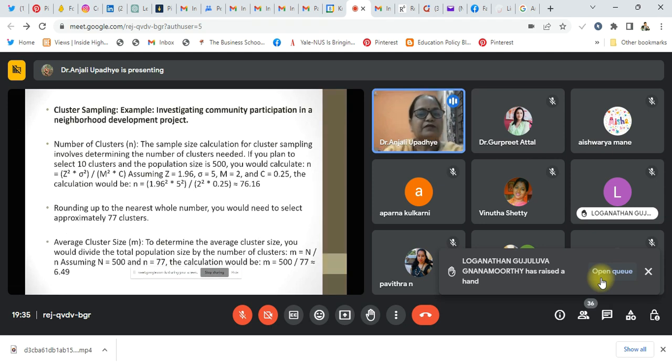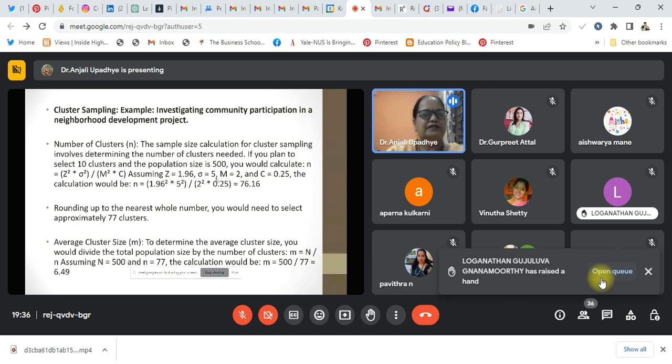Now, here is one example of cluster sampling: investigating the community participation in a neighborhood development project. Now, number of clusters. The sample size calculation for cluster sampling involves dividing to find the number of clusters needed. Cluster sampling always has two-stage sampling.